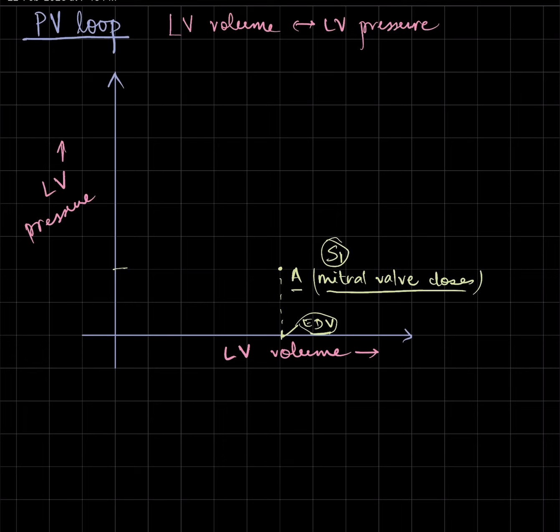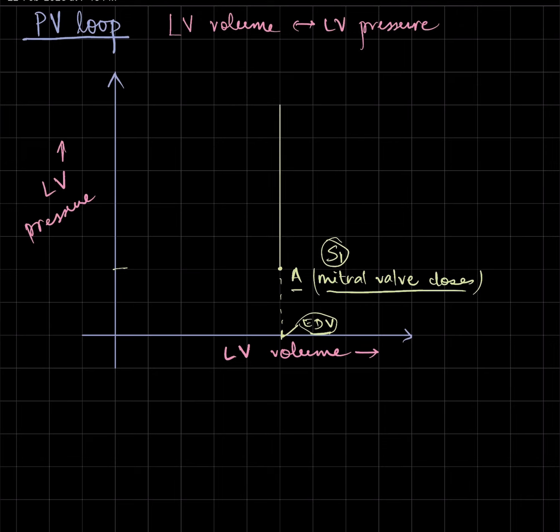Now the left ventricle is a closed chamber at this point, because the aortic valve has not opened yet and the mitral valve has closed. Now systole will occur and the left ventricle will start to contract. Since the aortic valve is not open and the mitral valve is not open, the blood has nowhere to go, so the pressure will increase.